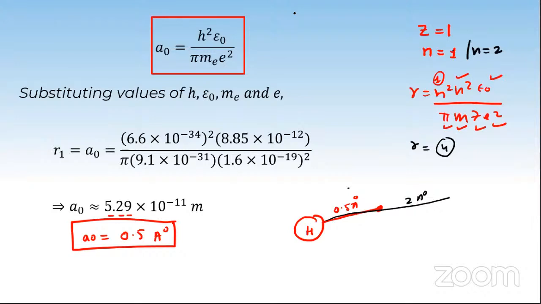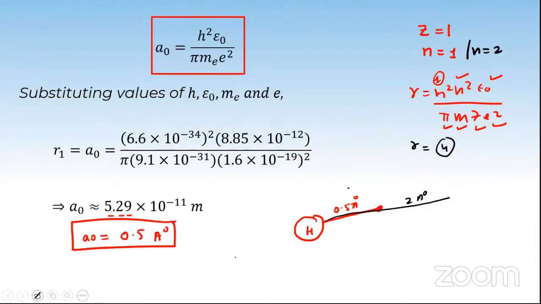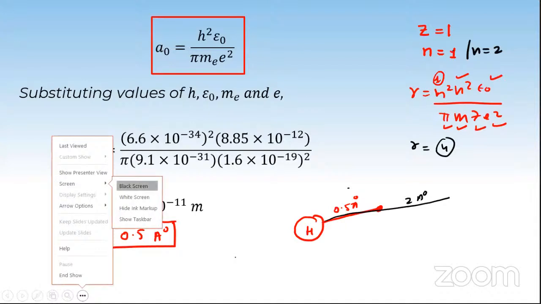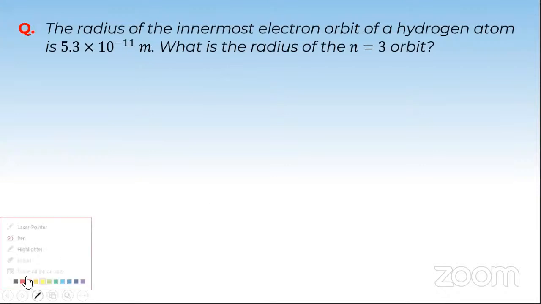Cool. So let me give you a question, and let me find out how many of you understood better. My question for you now is: the radius of the innermost electron orbit of hydrogen atom is.